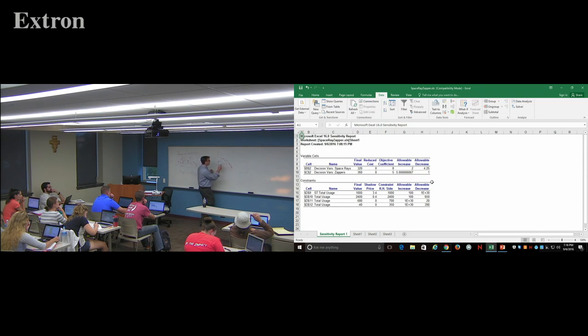So if my solution is right on the boundary, it's saying any little change, like tick it this way or tick it that way, no longer is this going to be the solution, this other one is going to be the solution. So if your allowable increase and allowable decrease are nearly zero, why might you want to know about that other solution?